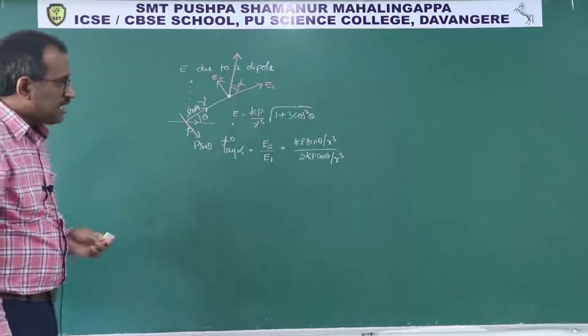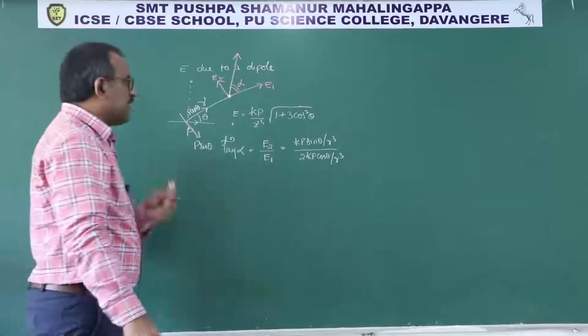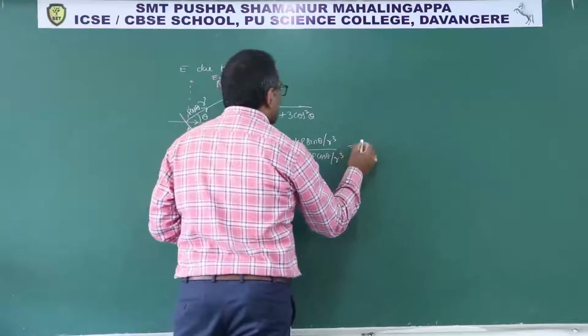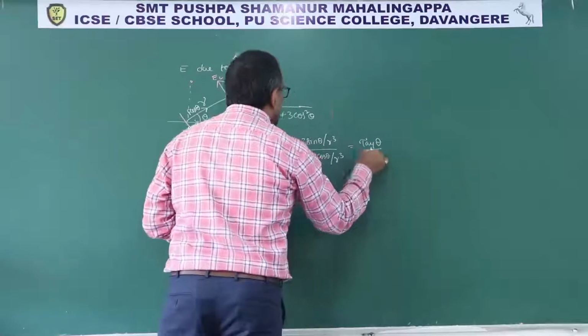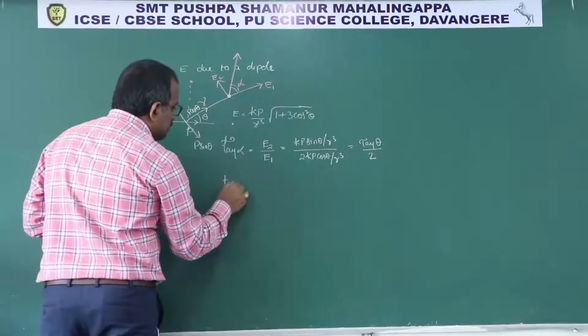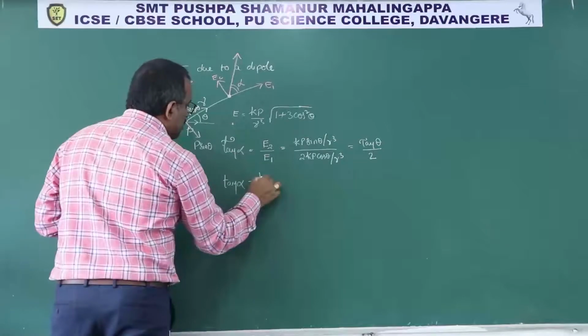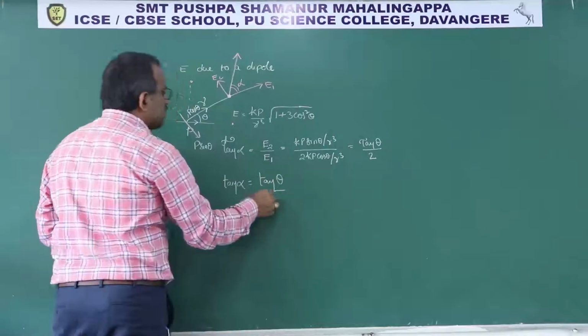If you see this clearly, kp and r cube get cancelled. Finally this becomes tan theta upon 2. So tan alpha is equal to tan theta whole upon 2.